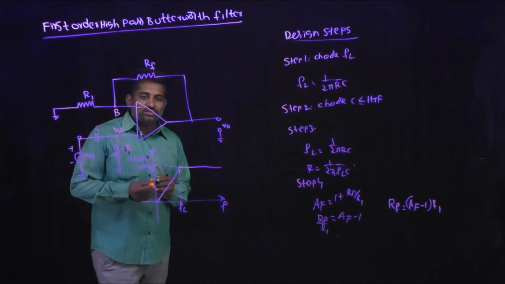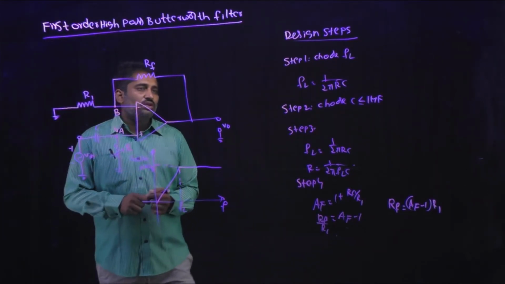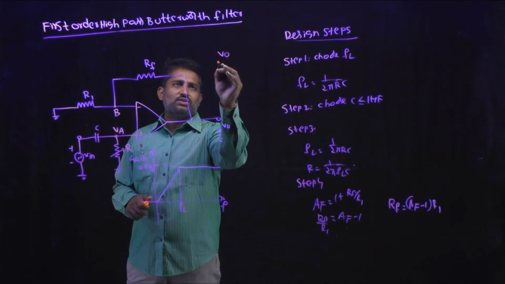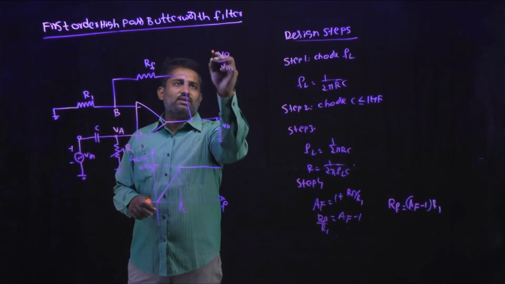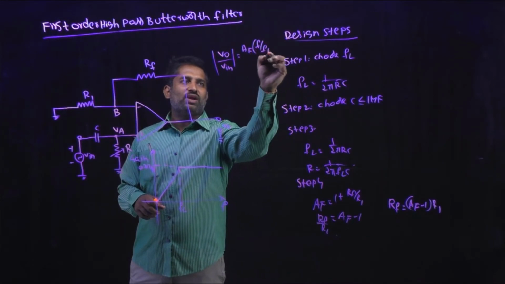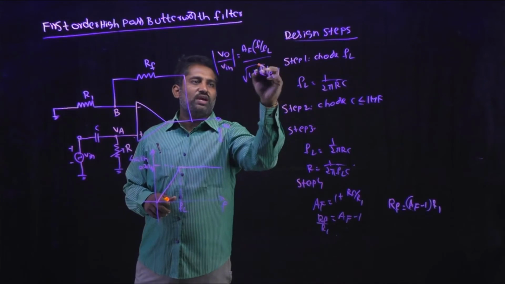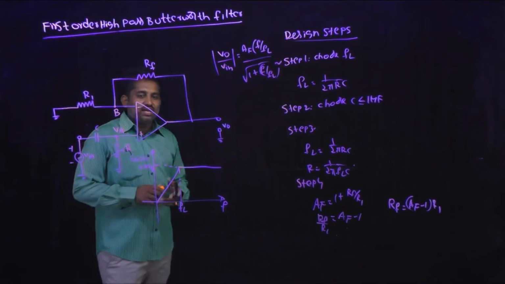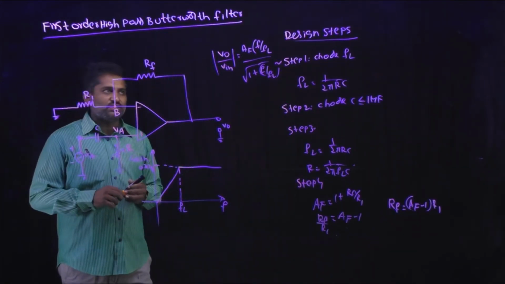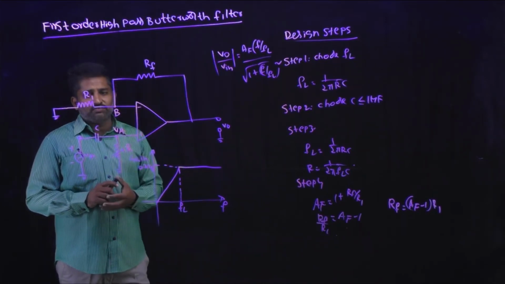Sometimes they ask us to draw the frequency response also. Then you have to use the formula: modulus of V naught by V in will be equal to AF into F by FL divided by square root of 1 plus (F by FL) square. Okay, where FL is the cutoff frequency or break frequency, and F is nothing but the operating frequency.